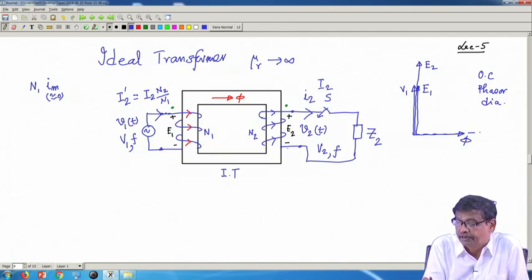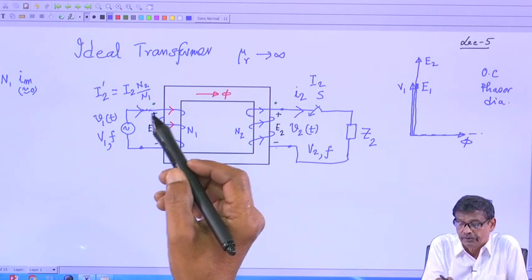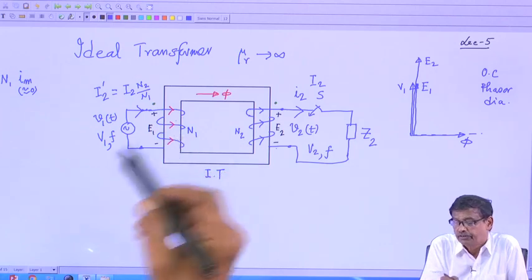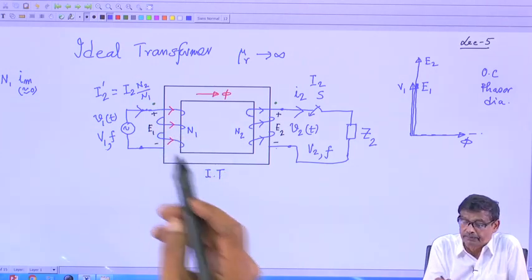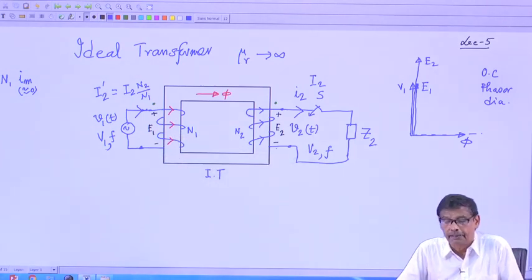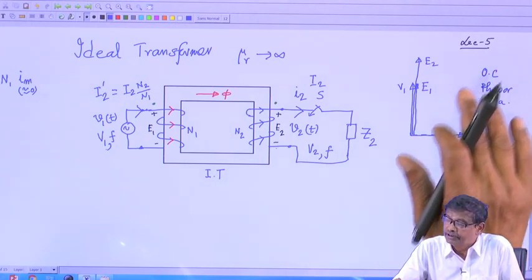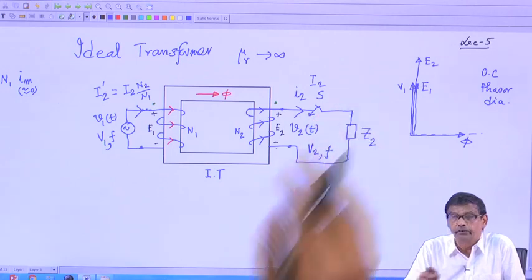If the current leaves through the dot, it must invite current from the source into the dot on the primary side, so that these two MMFs balance off. Therefore, this was the open circuit phasor diagram with S opened.